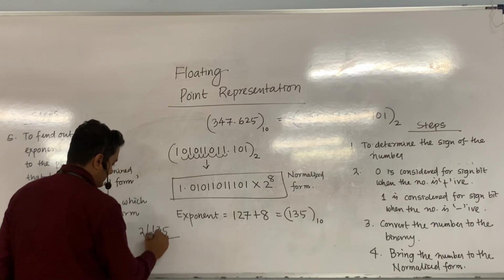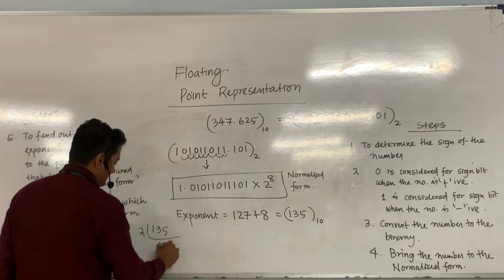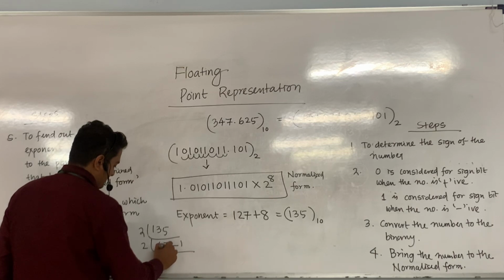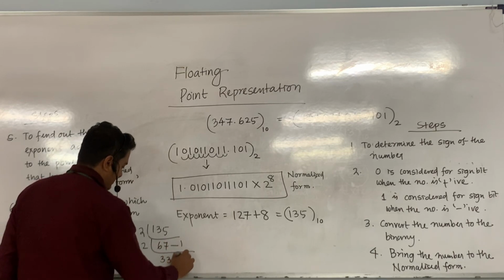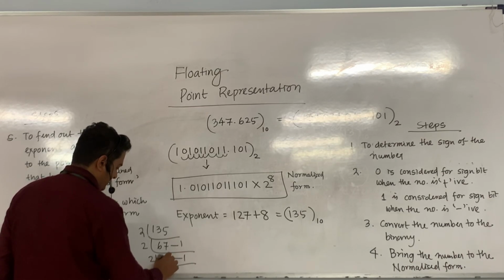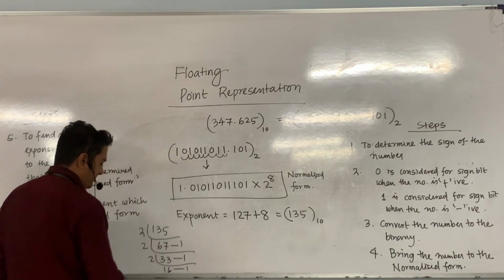So this will be 67, remainder is 1. Then 2, that will be 33, remainder is 1. Then again 2, that will be 16, remainder is 1.